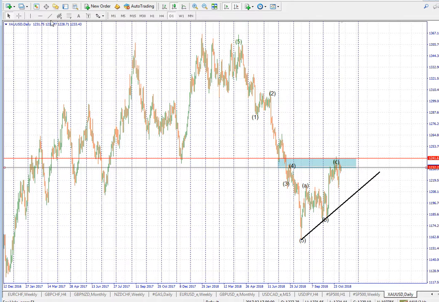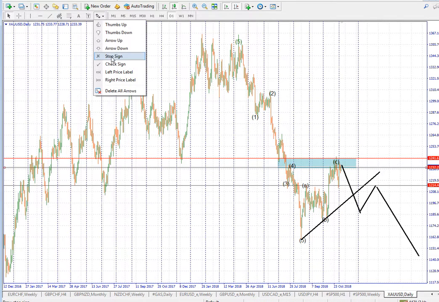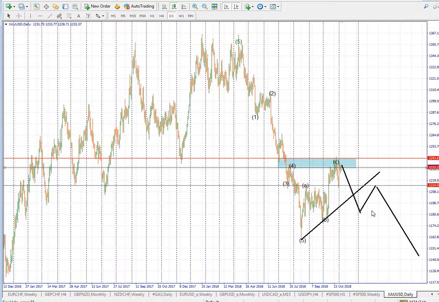So what we expect is that the price should come down, then try coming up again, probably to this line, then proceed downwards. So we'll be waiting for a sell somewhere here, with our take profit somewhere there.